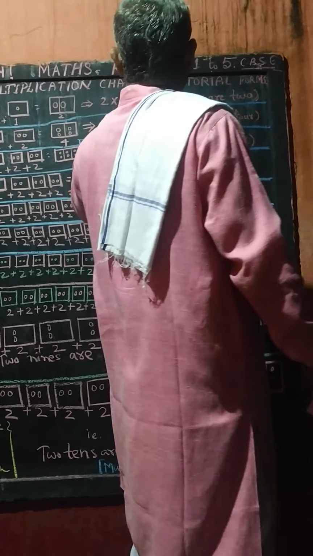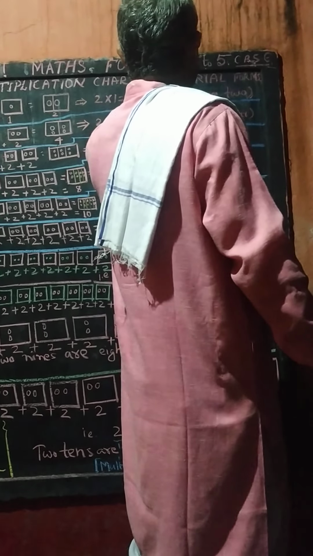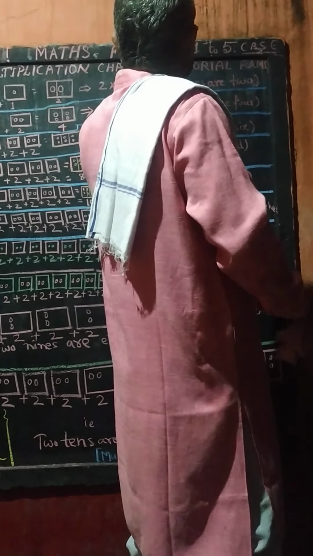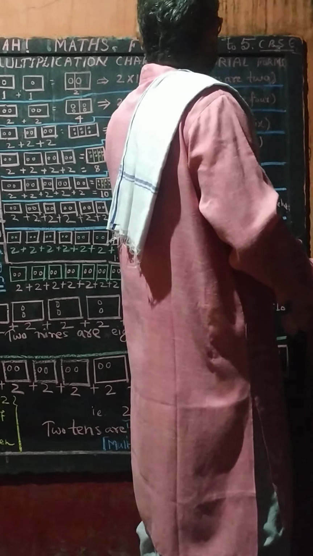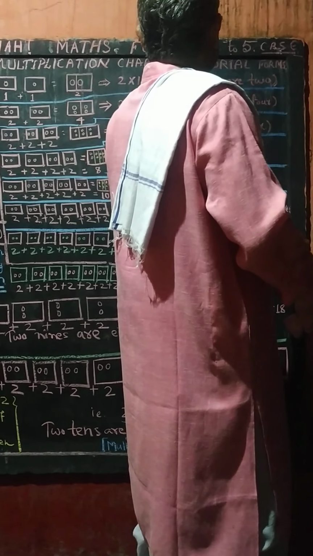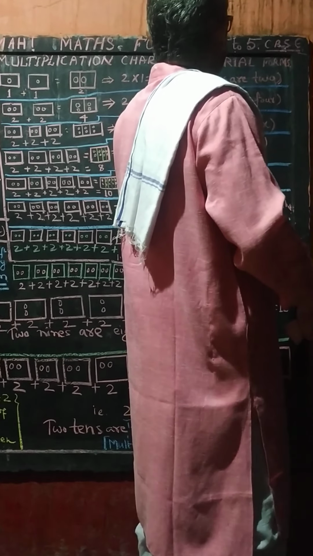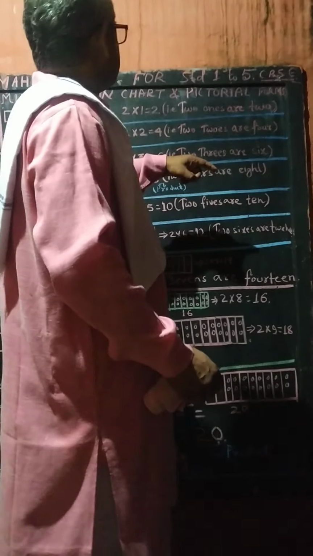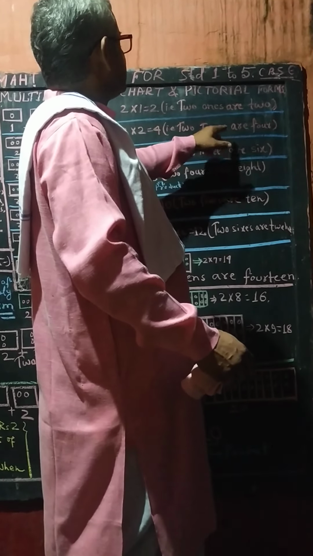In words it is written as 2 2s are 4. The S is pronounced as "ja", and RE remains silent. R is pronounced loudly. So it becomes 2 2s are 4.